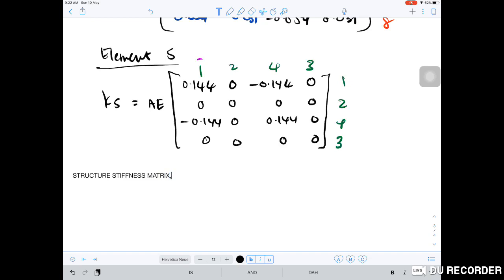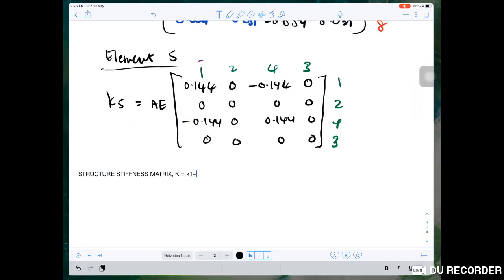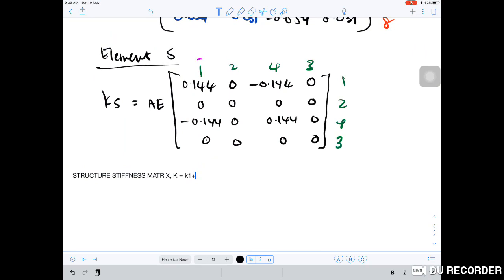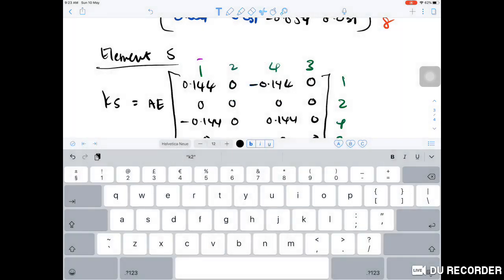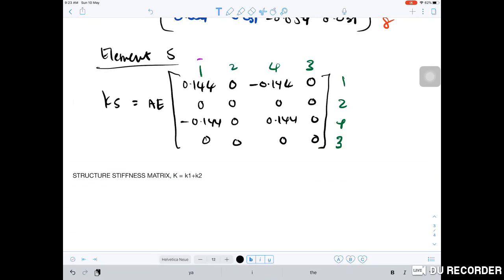The symbol is capital K, and the structure stiffness matrix is equal to K1 plus K2 plus K3 plus K4 plus K5.